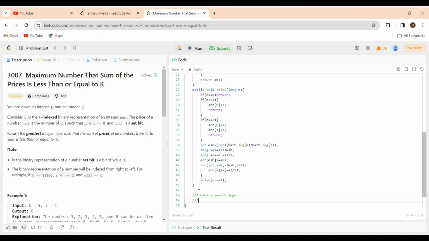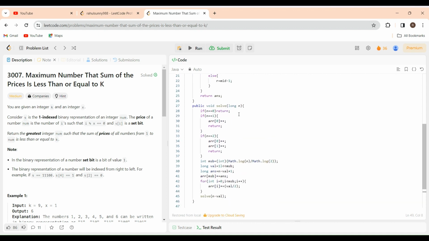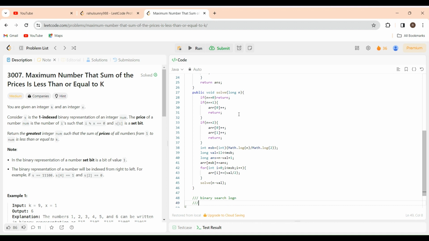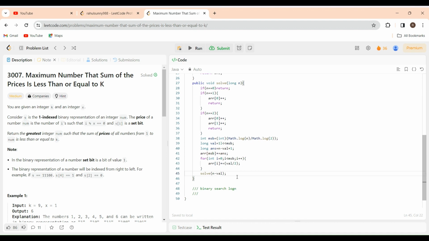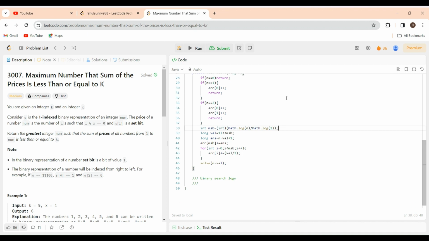And for calculating the price value, this is also a logarithmic approach.